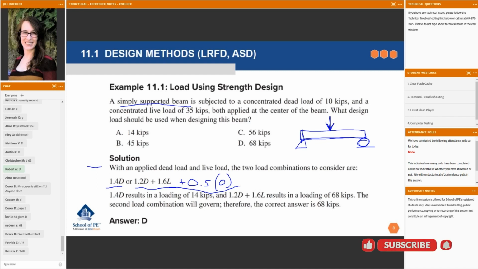All right, so first we're going to look at 1.4D, or dead load. So 1.4 times 10 equals 14.